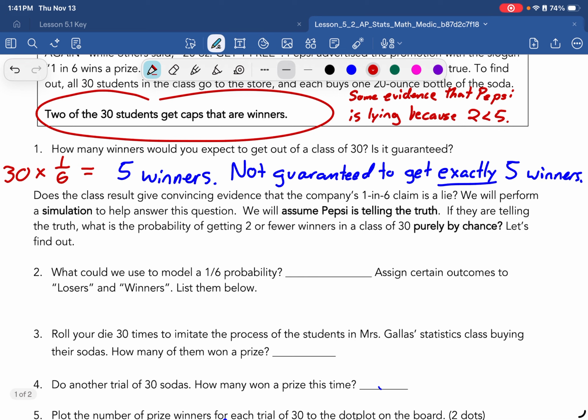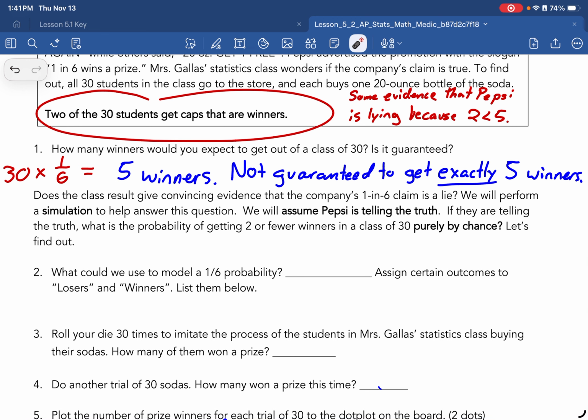So let's focus in on that. We're going to use a simulation. And the big thing here, a couple of ideas. In the simulation, we're going to assume Pepsi's telling the truth. So we're going to assume everything is what it's supposed to be. Pepsi is not lying to us. So what are we doing?